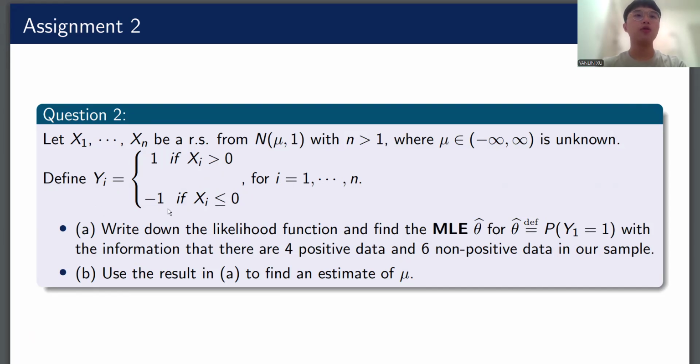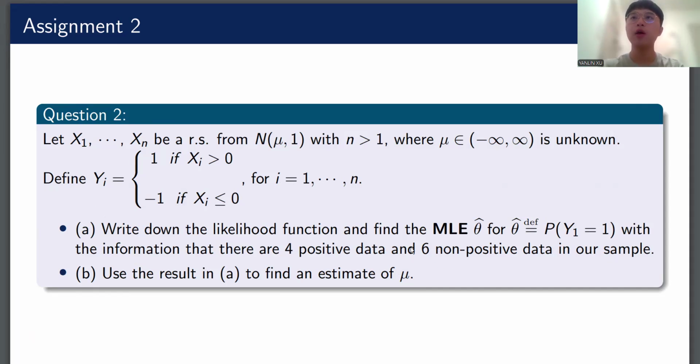So the first question: we have to write down the likelihood function and find the maximum likelihood estimator for theta, which is defined by the property that Y_1 is equal to 1. We are given the information that there are 4 positive data and 6 non-positive data in our sample.